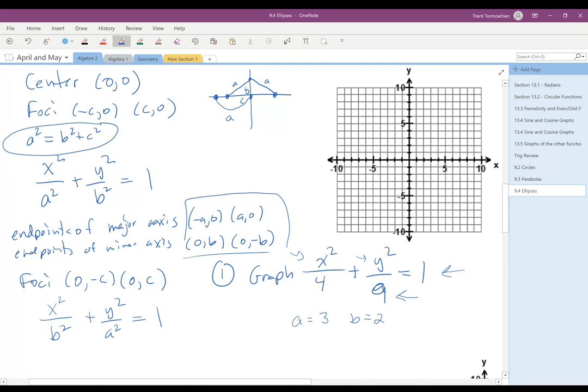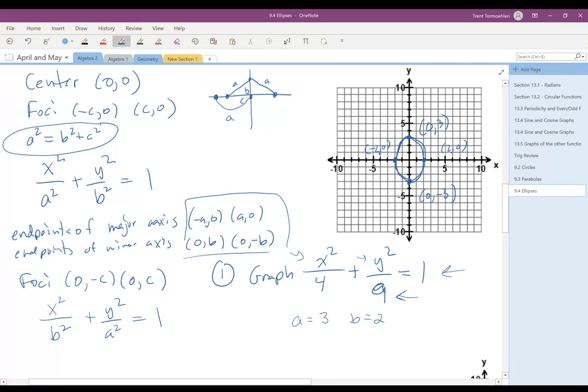The way we graph this is the major axis is under the y, and so it's going to be vertical. So you're going to have 0 comma 3 and 0 comma negative 3 as the endpoints of the major axis. And then the minor axis is going to be negative 2 comma 0 and 2 comma 0. And so your ellipse is going to look like this.